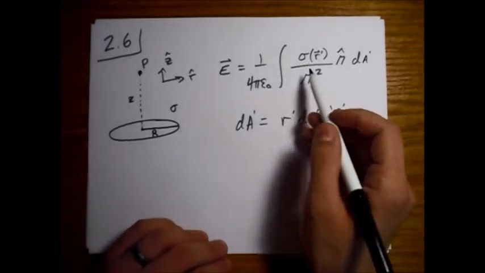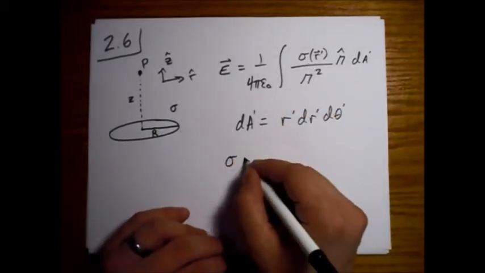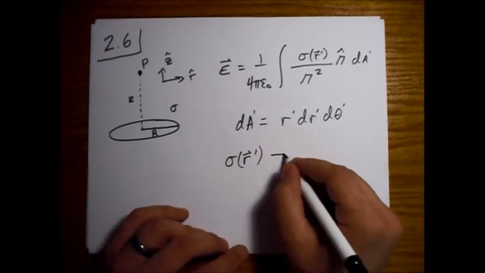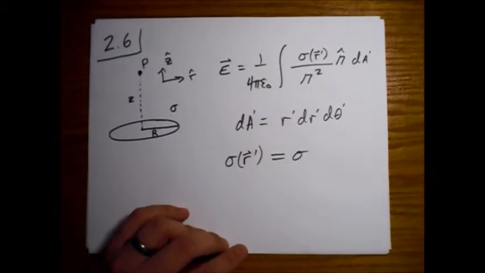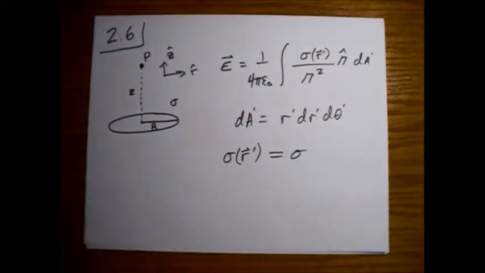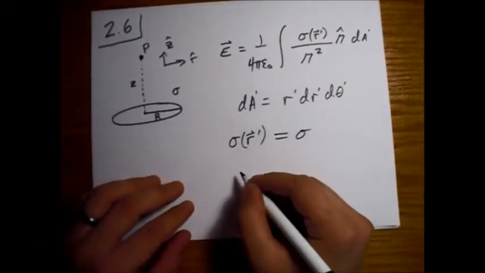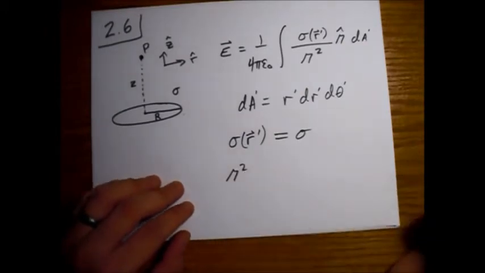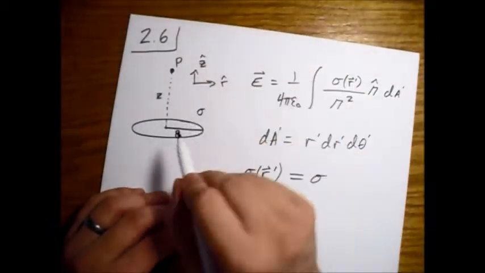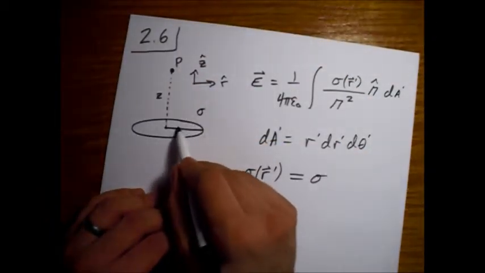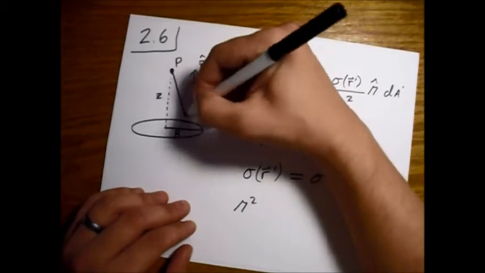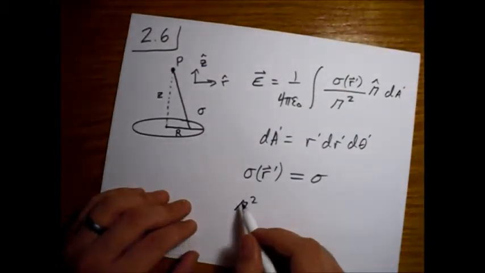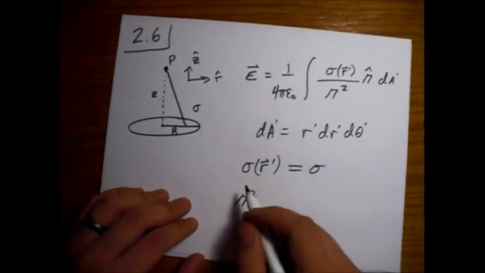Like I mentioned before, our surface charge density will just be a constant, sigma, so we can take that right out of the integral. Let's go ahead and look at our cursive r squared. If we were looking at some source point down here on the disk, we draw a line to that source point, and the length of this line is cursive r, the magnitude of cursive r.